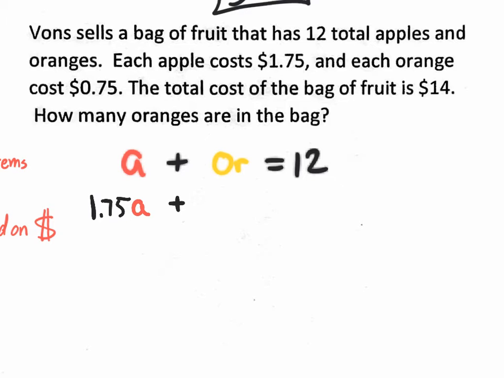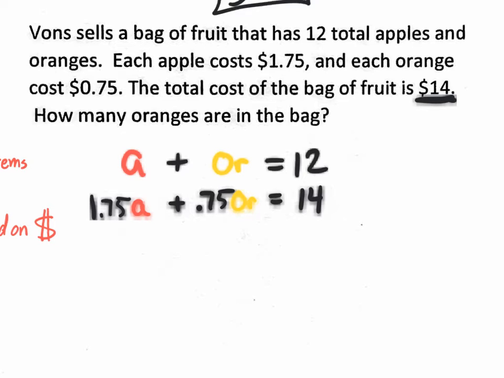So I'm just going to put that as 0.75 with the OR, orange. Okay. Now you guys could use different letters if you want. You don't have to use OR for orange. And then I know that the total amount of money is $14. So I put 14 right there. It tells us that the total is $14 for the bag of fruit.